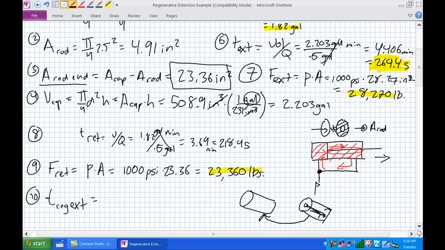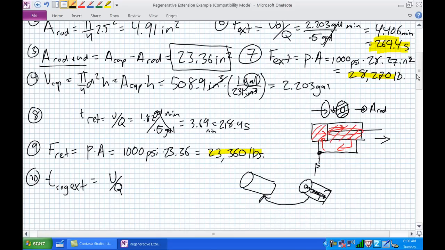So, how long does it take to go ahead and fill up this area? Well, there's the hard way and the easy way. You could do the volume and the flow rate, and you're figuring out, okay, what is the volume difference there? You're like, okay, it's the volume of the cap minus the volume of the rod end. And you could say my volume on my cap end, 2.203 gallons, minus the volume of my rod end, 1.82 gallons.